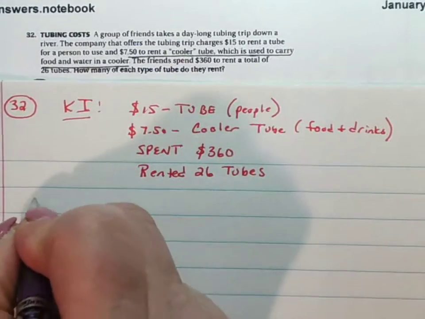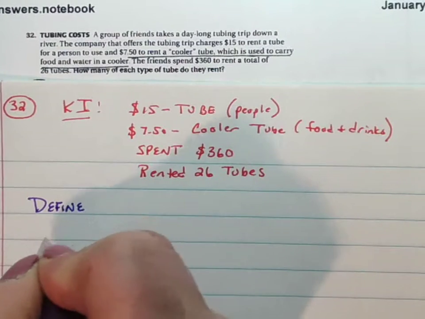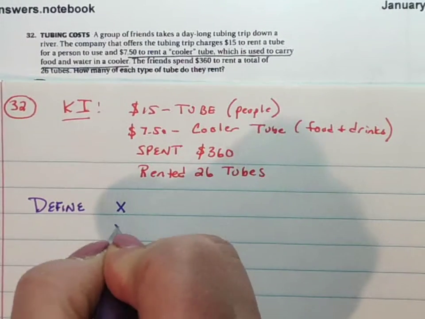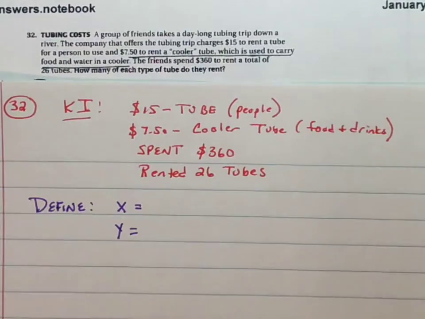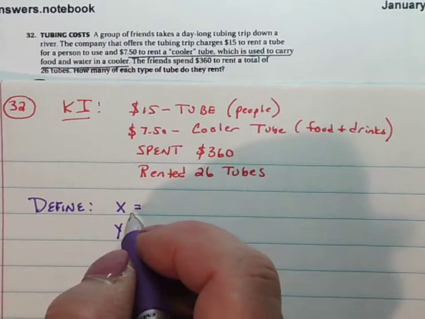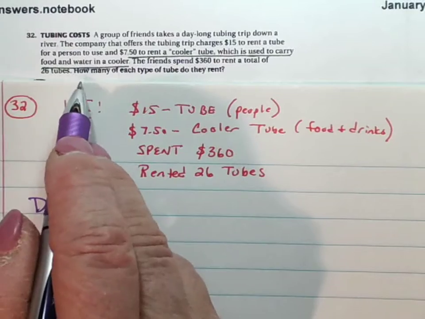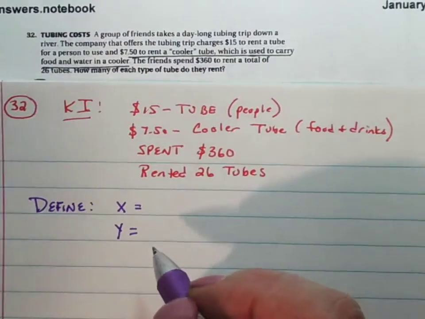Then you have to define X and Y. And so X is going to be, from the question, how many of each type of tubes do they rent?